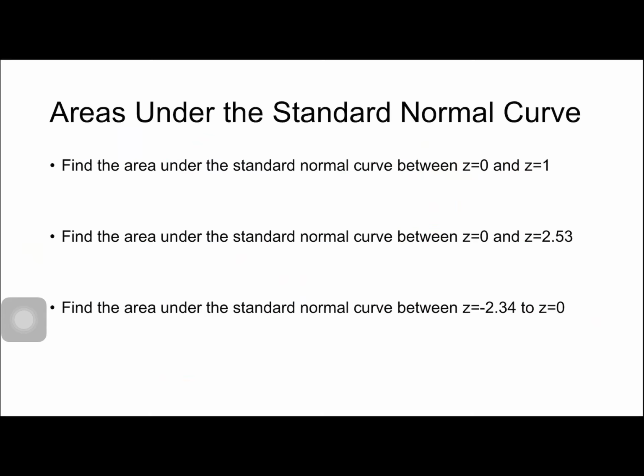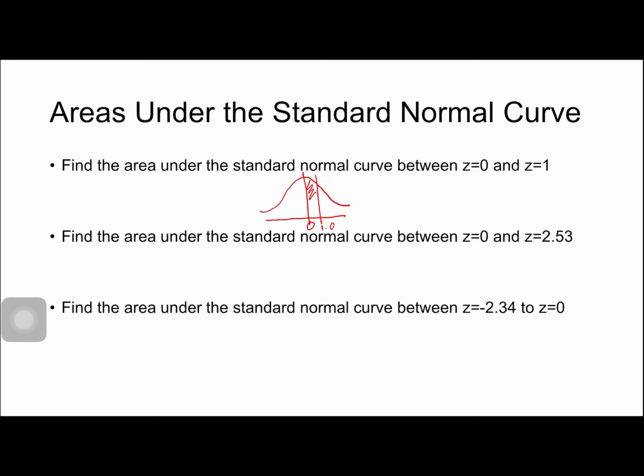Okay, so example. Find the area under the standard normal curve between z equal to 0 and z equal to 1. Okay? So, I'm going to draw the curve. You have there z is 0, so that means x is equal to the mean, that is 0, it's here, and then z is equal to 1, so it's positive, so it's located at the right of the curve.